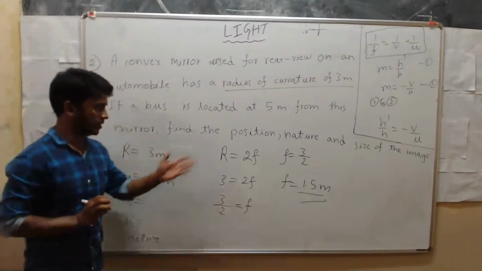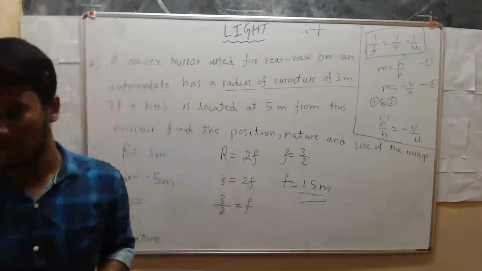So now the focal length of a convex mirror is 1.5 meter. Better you write this one. I give you just 2 minutes time. Okay, write fast.